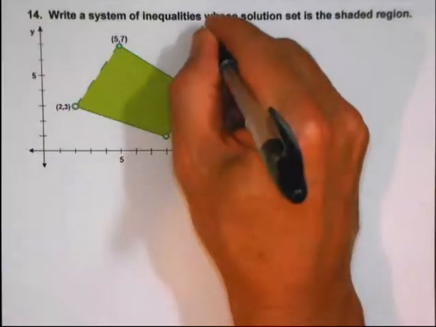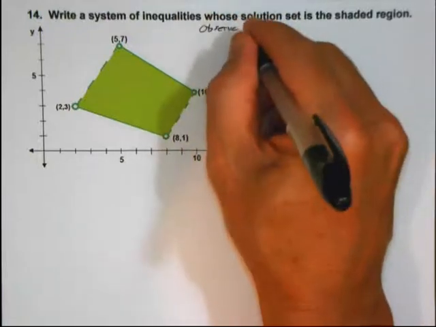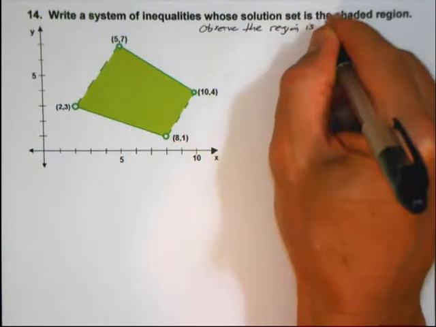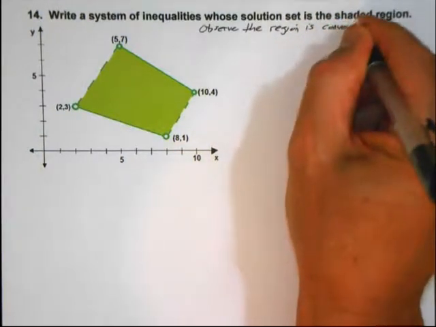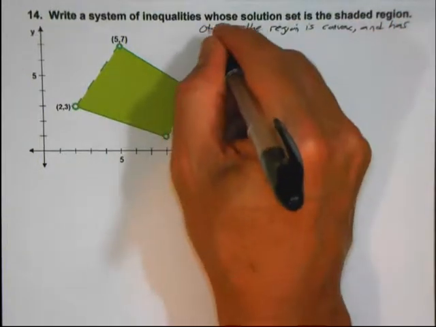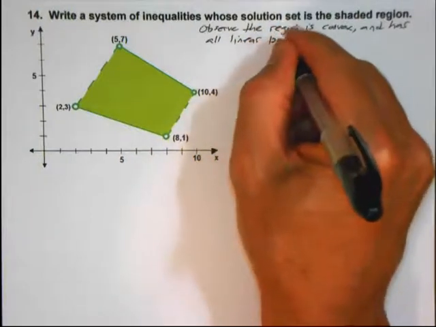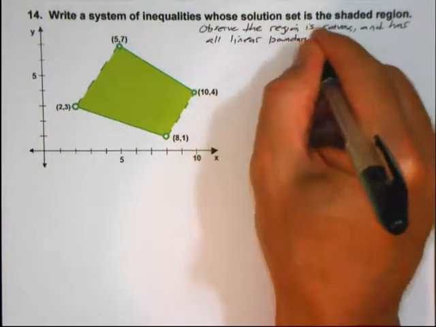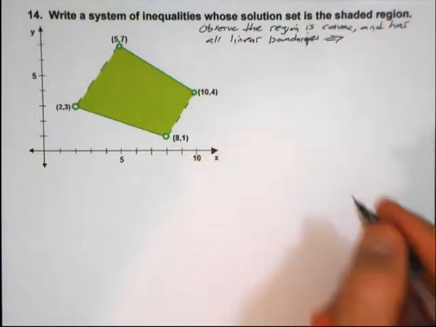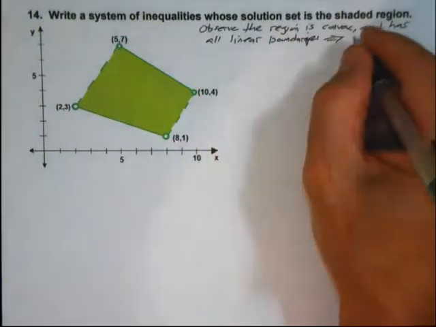So observe the region is convex and has all linear boundaries. What that tells us is that a system of linear inequalities can work here.